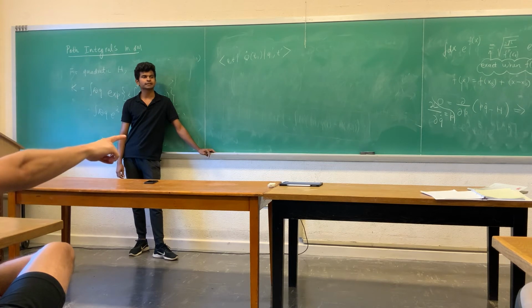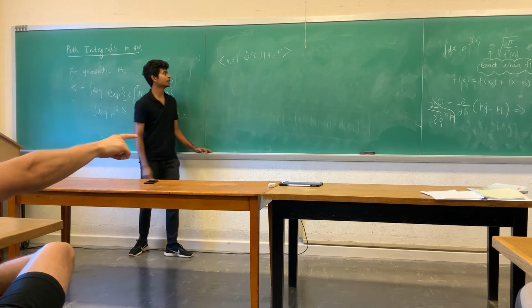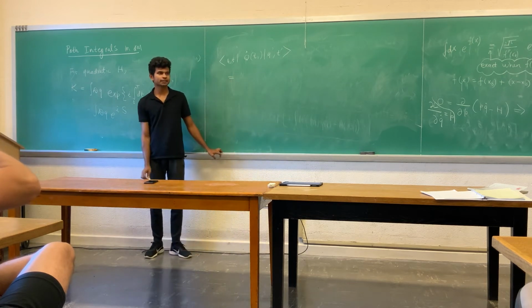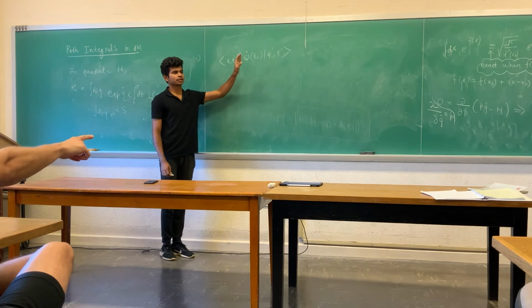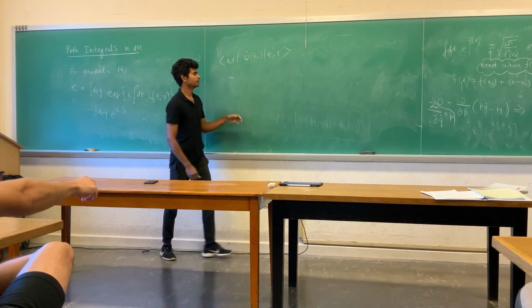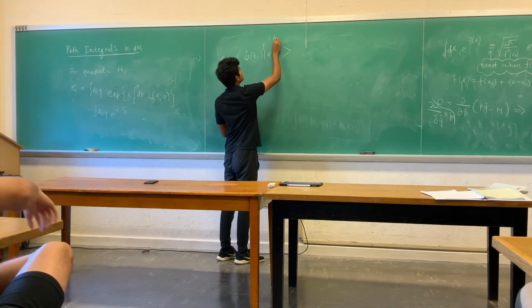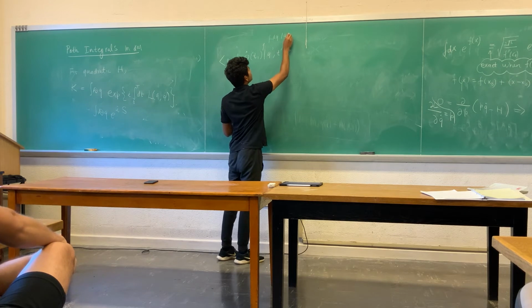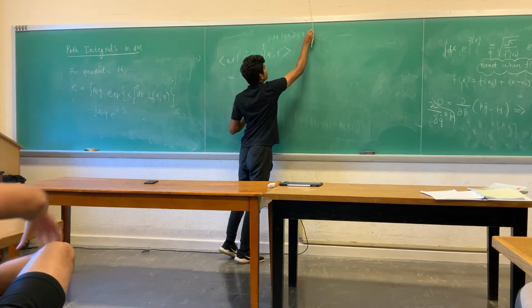Yeah, you do exactly the same thing. Time slice again, insert identities and all that. But when you insert identities, there will be one identity which is an integral of q. I mean, when you insert identities, you will have one like this.